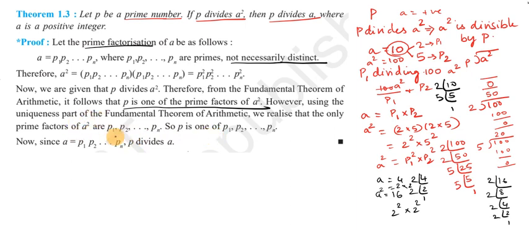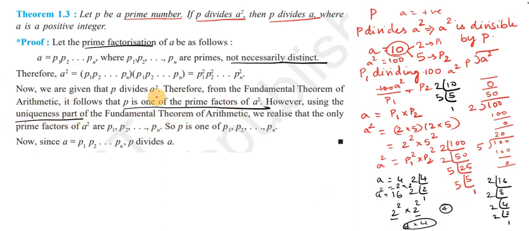We will take only the 2 here. We will not take it as 4 because 4 is composite. Even when writing A square as a product of squares, we take it to be 2 square into 2 square. You can't take it as 4 into 4, because then you cannot say it is a product of primes. That is the uniqueness part of the fundamental theorem of arithmetic.